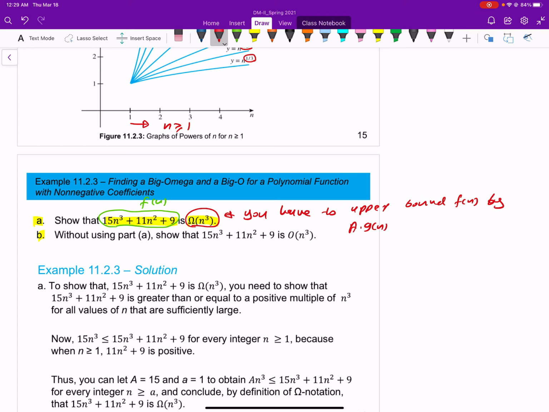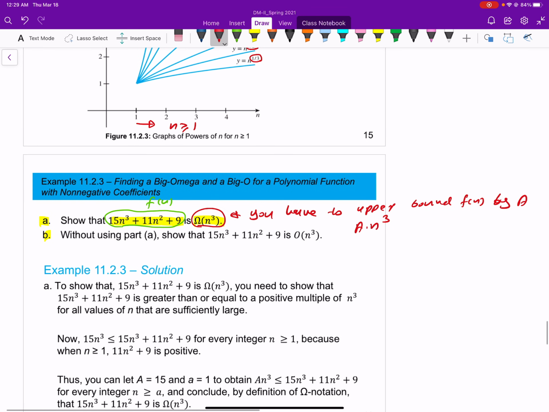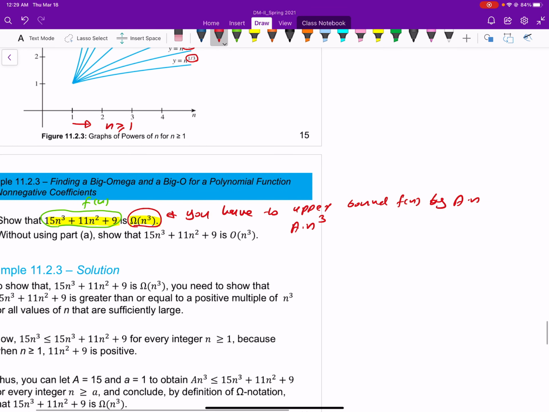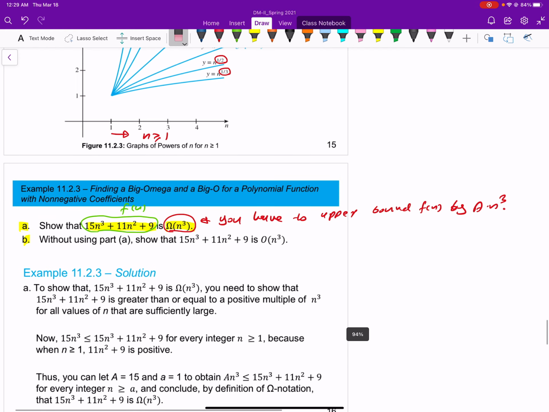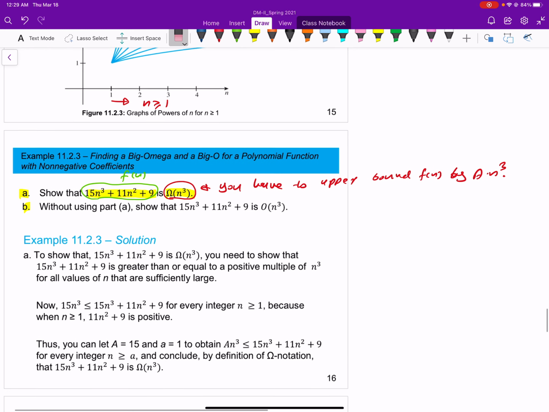Here g of n is n to the power 3. A times n to the power 3. All right, good. So that's what we have to do for the first part.